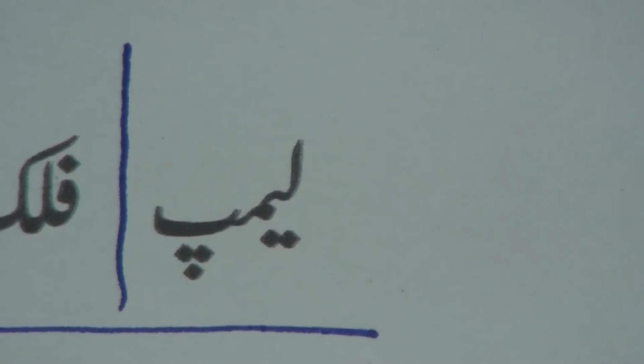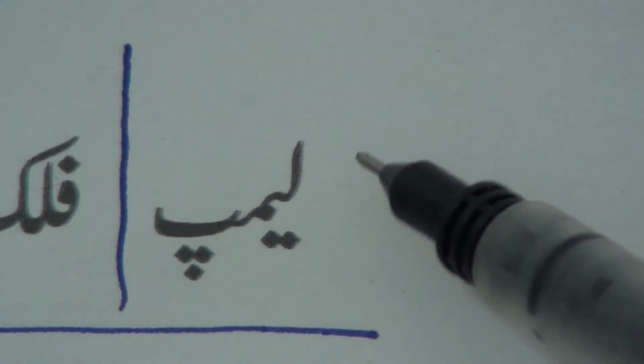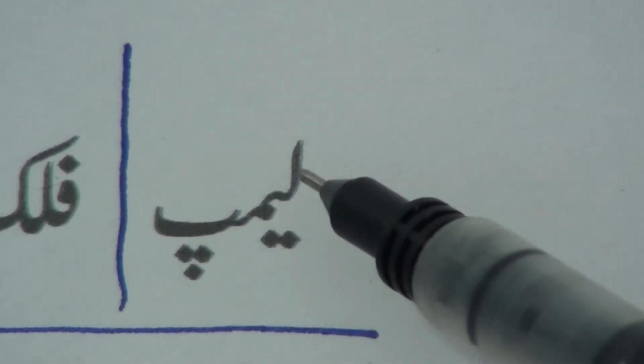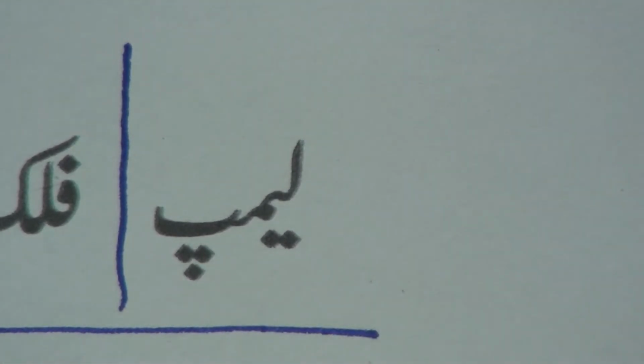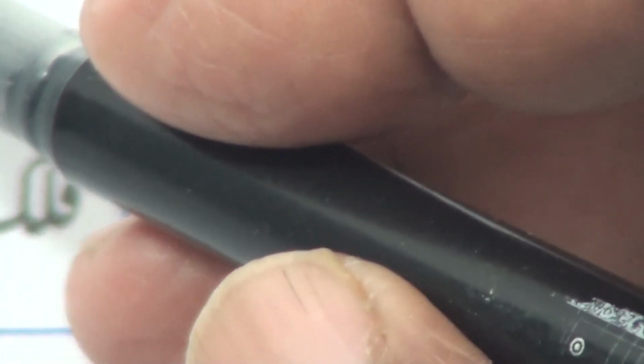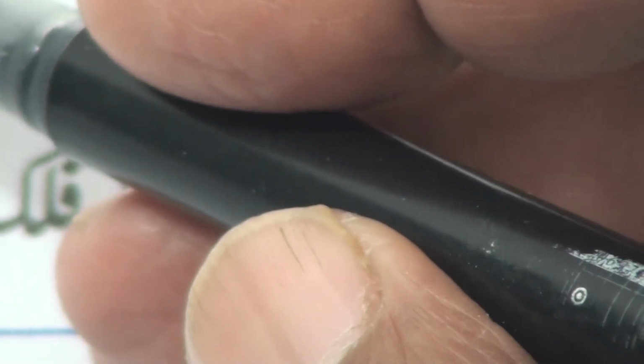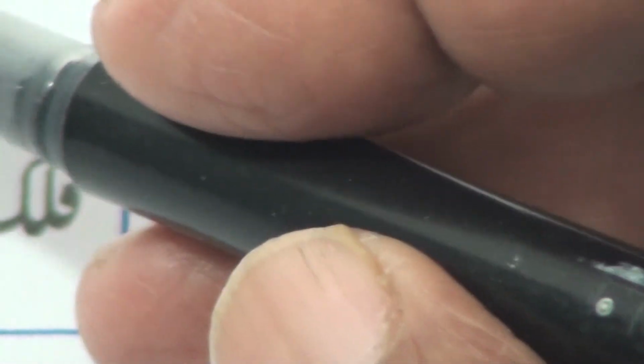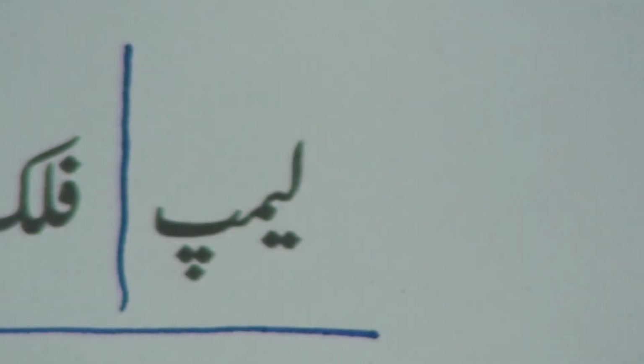Lam, ye, mim, pe. The first letter is lam. When lam is joined to other letters, its shape remains this much, and this round part vanishes.